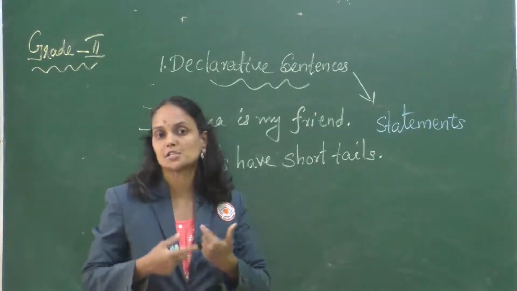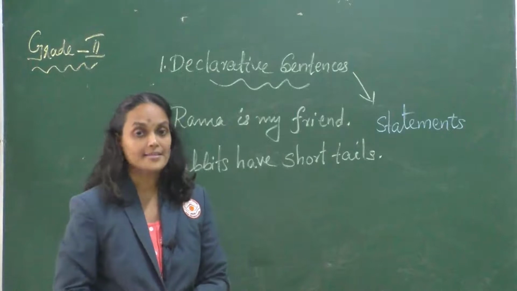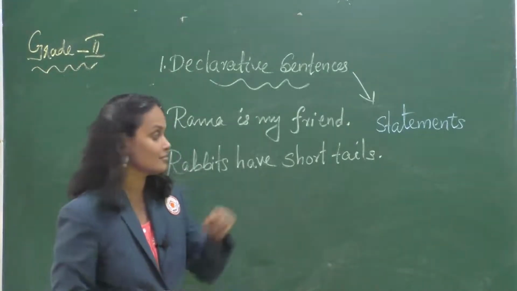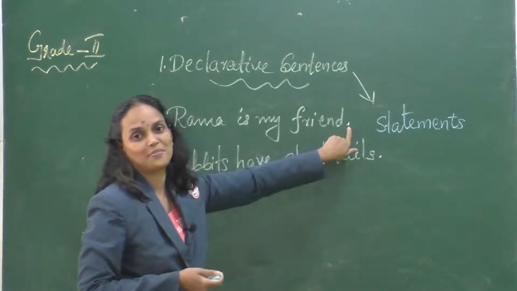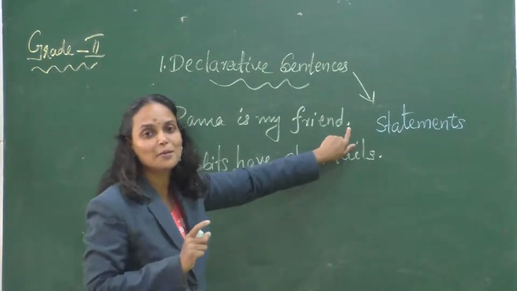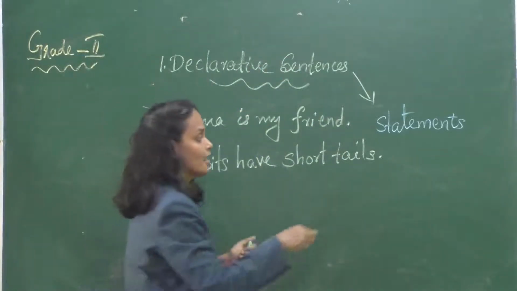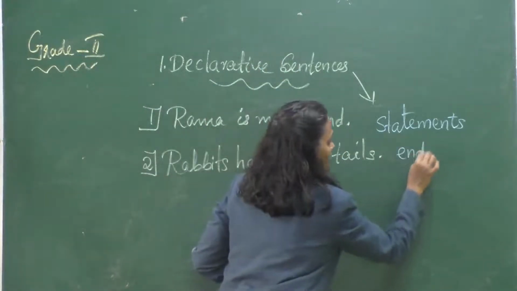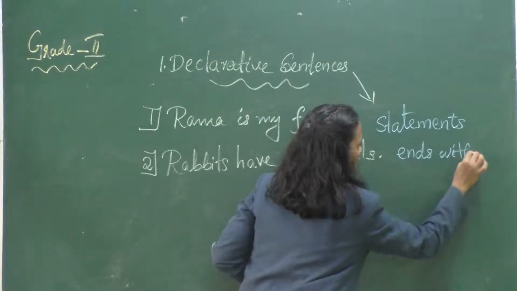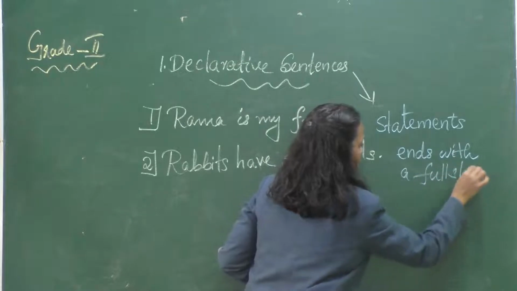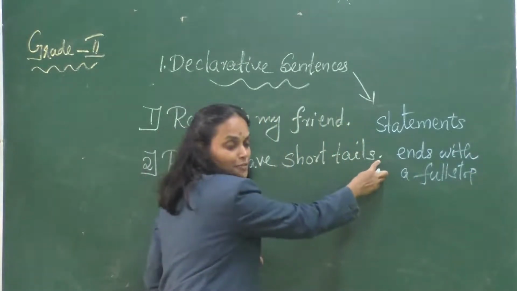And a declarative sentence always ends with a full stop. We cannot add any other punctuation over here. Do you see this? This is the full stop.